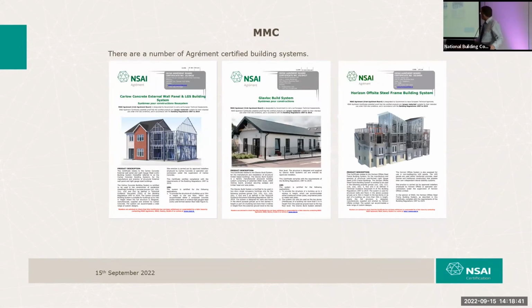Just before I go on to some of the Agrément certs and modern methods of construction and Psi values, one of the most important things, and I keep reiterating this when I'm performing audits on registered thermal modelers, is that there has to be a detail to accompany a Psi value. If there isn't a detail, nobody can build it.